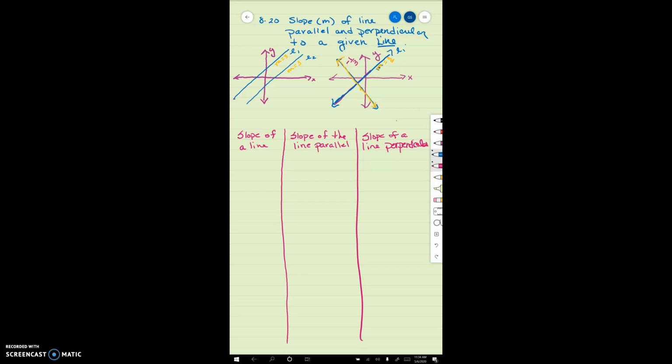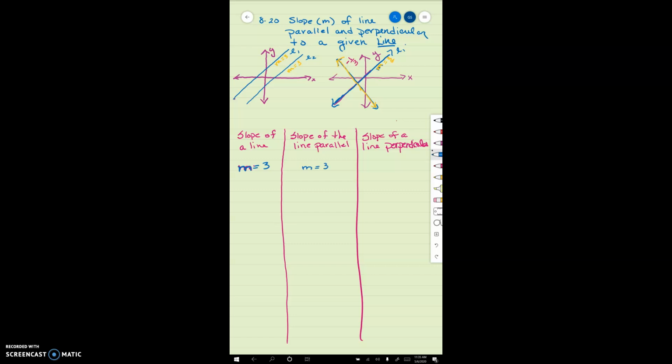Okay, so let's get going. I'm going to give you the same one that we have in the pictures up here. So our first slope was 3, right? M equals 3. Okay, the slope of the line parallel is going to be the same, M equals 3.